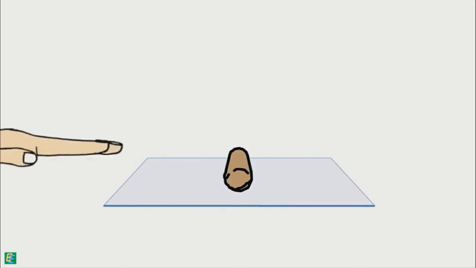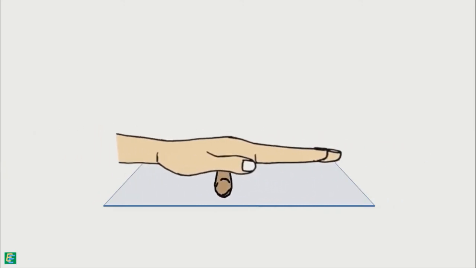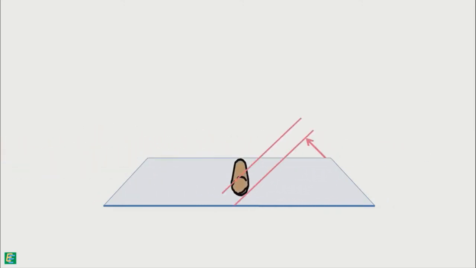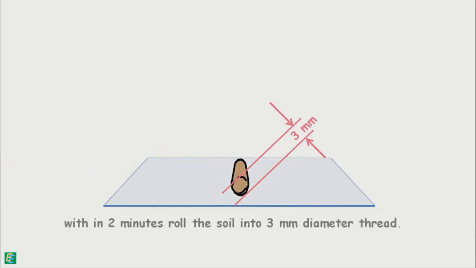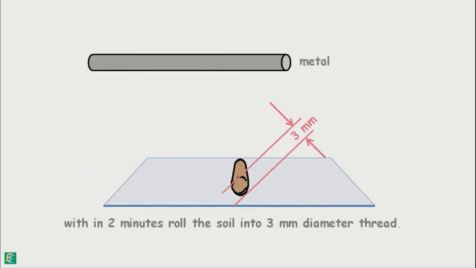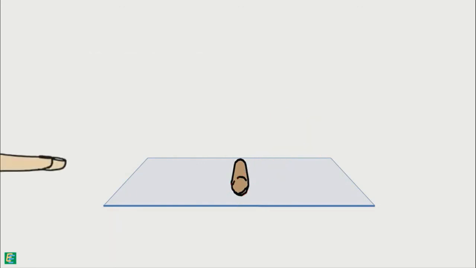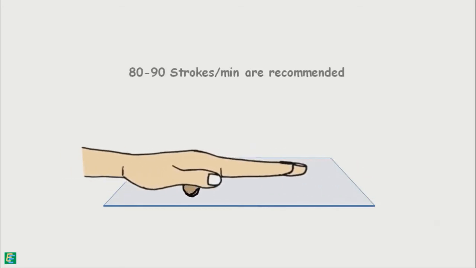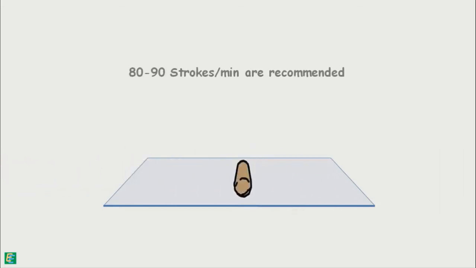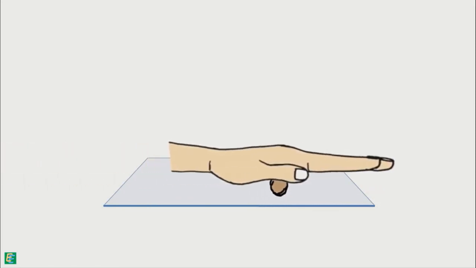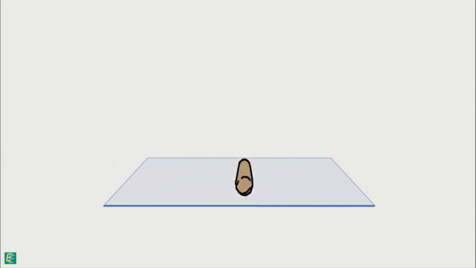The thread shall be further deformed on each stroke so that its diameter reaches 3 mm, taking no more than 2 minutes. We take the reference of a metallic rod for the diameter comparison of the thread. Normally 80 to 90 strokes per minute are recommended. We count a stroke as one complete motion of the hand forward and back to the starting position.